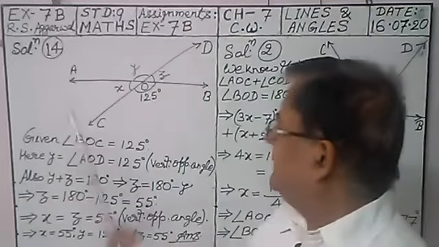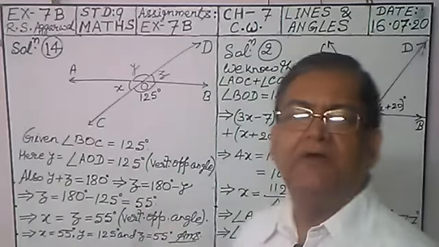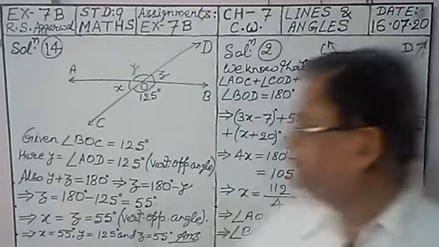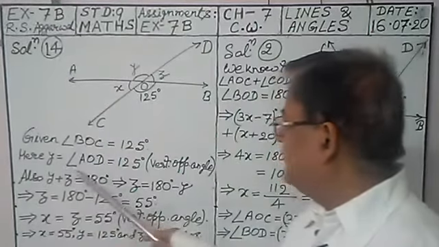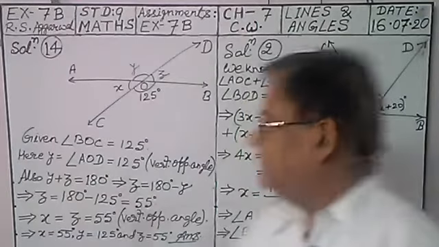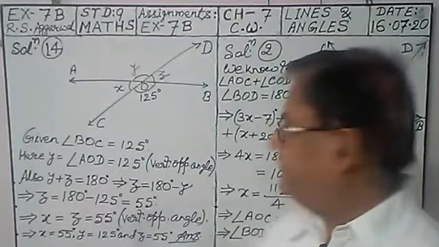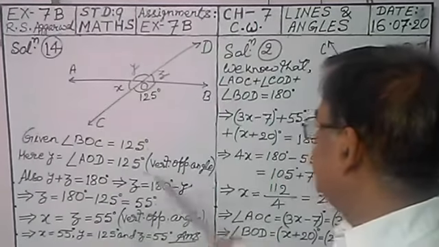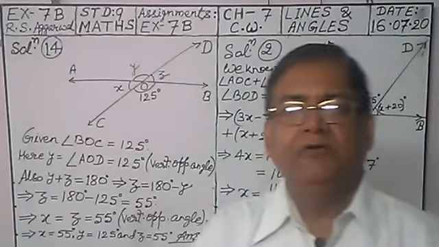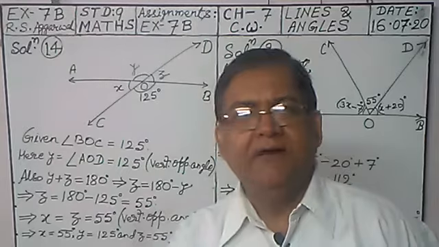That's why I have written the given angle BOC equal to 125, which is given in the question. Then angle AOD is equal to Y, equal to 125, because of vertically opposite angles. You have to write the reasons. Without reasons you will not get marks.